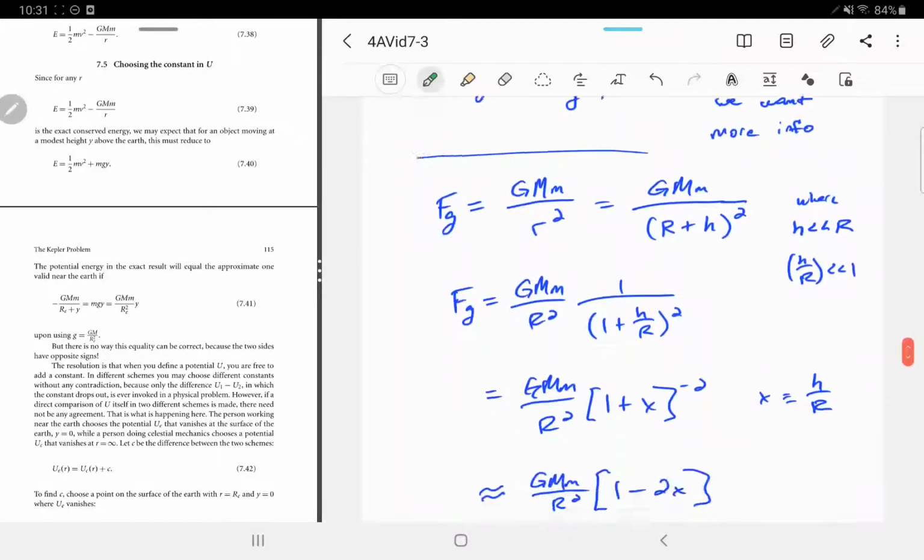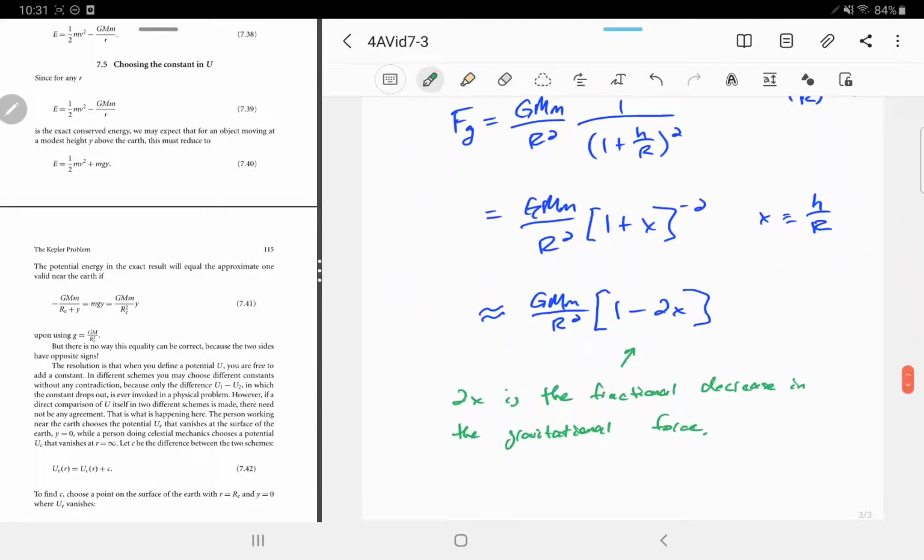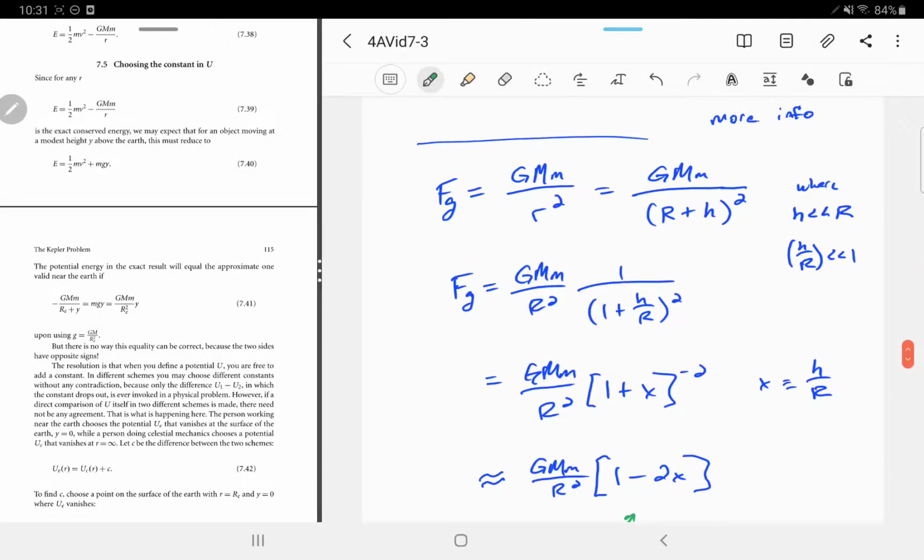So in our problem, we were told that we increase our distance to the center of the Earth by 0.10%. So what that's saying is that h over r is 0.10%, or in terms of a fraction, it's this. So our x value, h over r, is 0.10%.